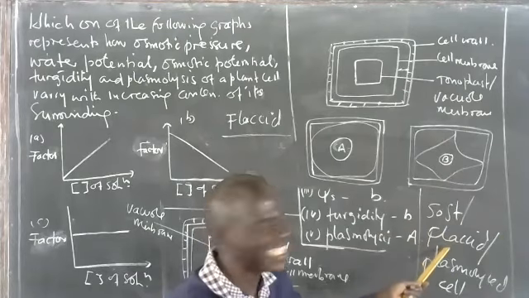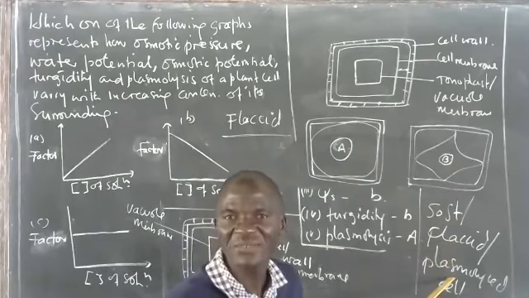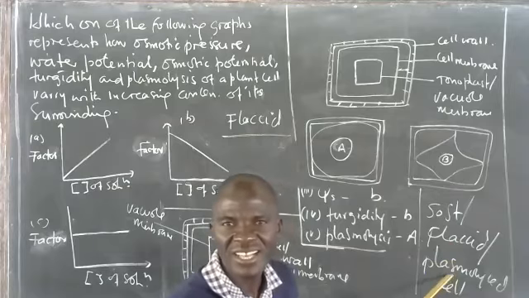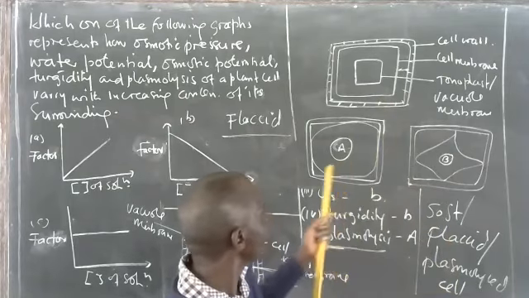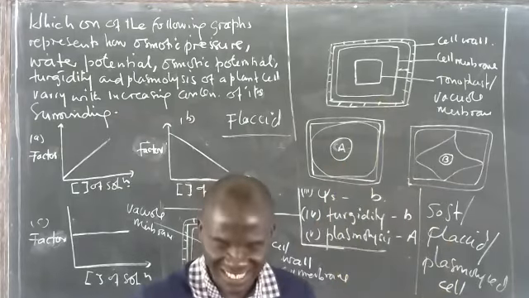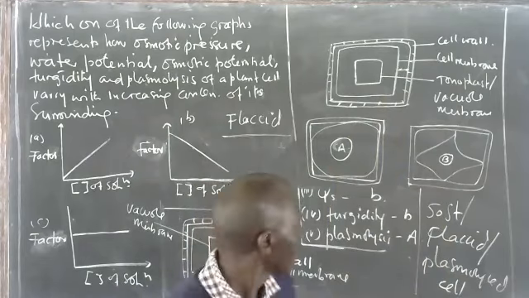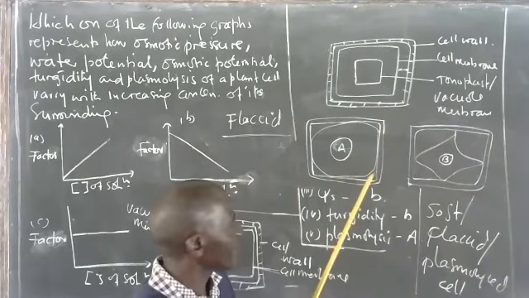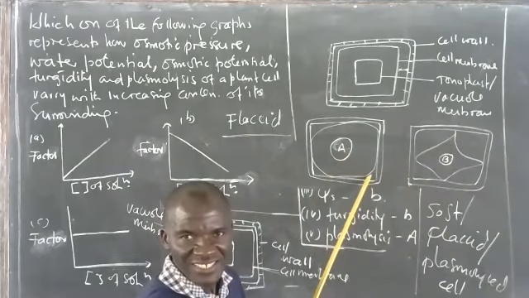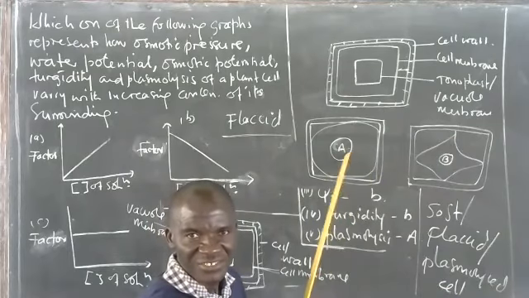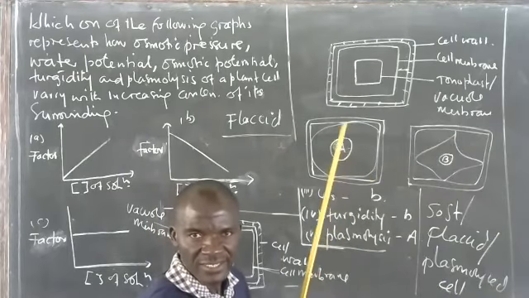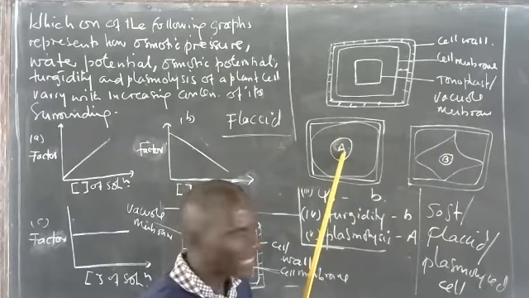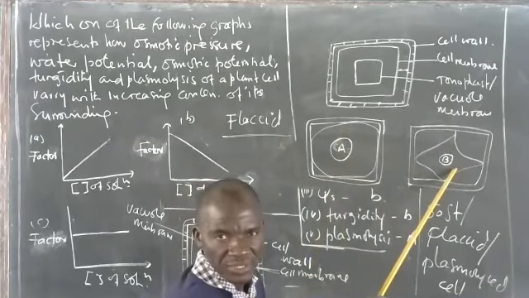I mean, it's flaccid. But this is a cell which is not plasmolyzed, which is turgid. This one is also plasmolyzed by now. The only difference is that the intensity of plasmolysis here has just begun, it has lost very little water. Here it has lost too much water.